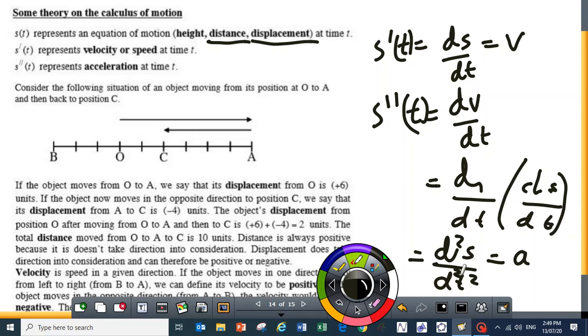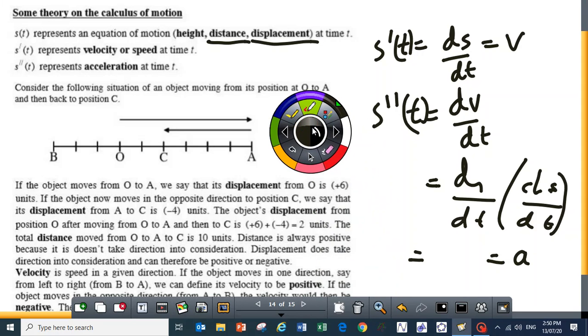Let me change this equation. Now the velocity is ds over dt, so dv over dt is equal to d over dt of ds over dt. And this we can write as d squared s divided by dt squared. So it's correct.